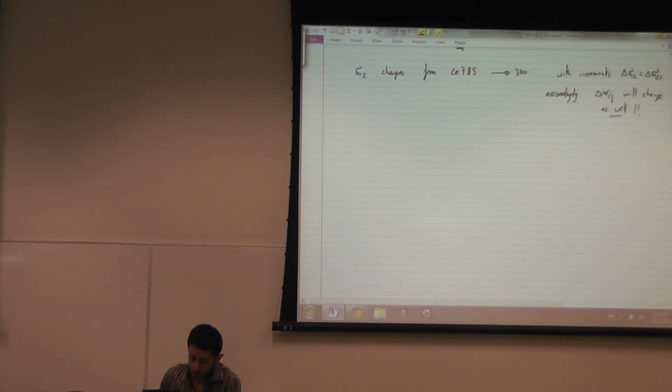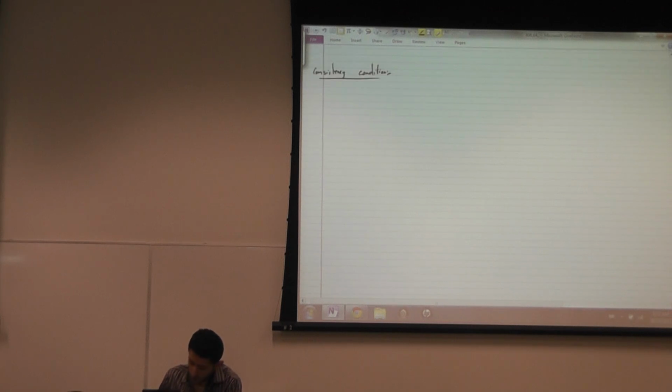So I want to find all these, so I'm going to use the consistency condition: partial f by partial sigma 12, delta sigma 12, plus partial f by partial sigma 11, delta sigma 11, plus partial f by partial alpha ij, delta alpha ij, minus d sigma yield alpha by d epsilon p. This last term is 0 because of the constant size of the yield surface.